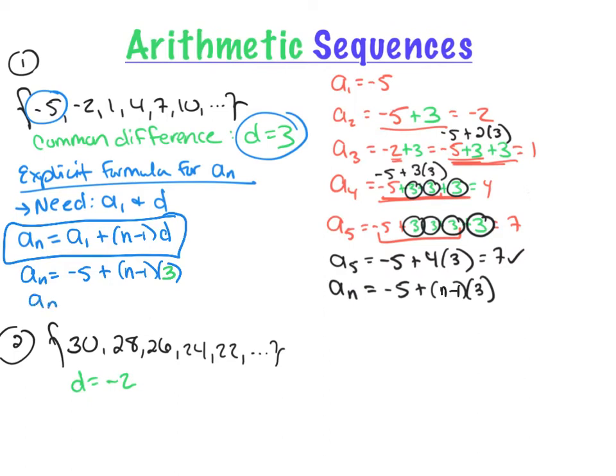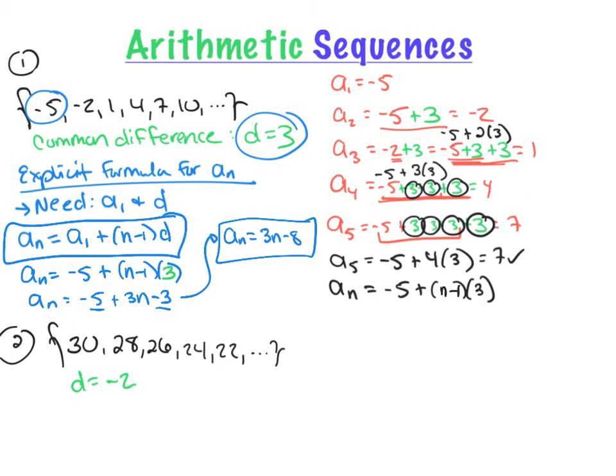Let me simplify it a little bit. -5 plus 3n minus 3 gives a sub n is, let's see, -5 and minus 3 is -8. So 3n minus 8. Okay, I'm going to come back to that formula in just a second, but let's do the second problem.